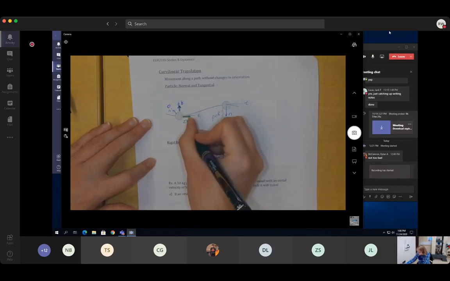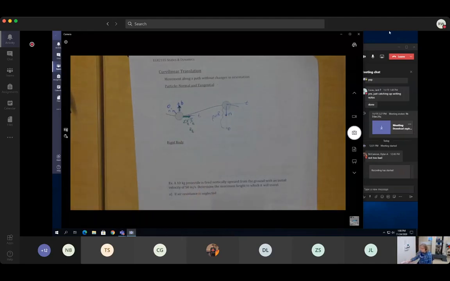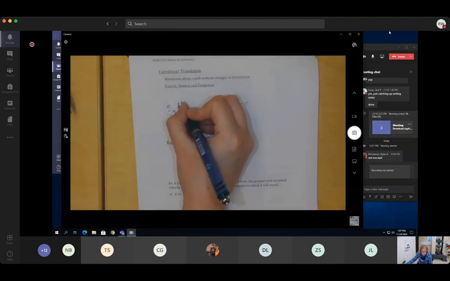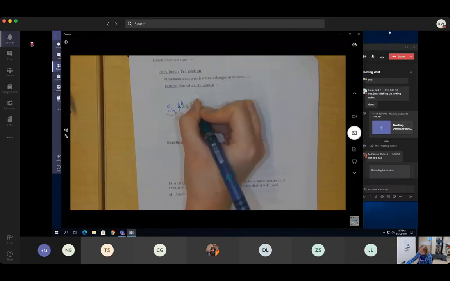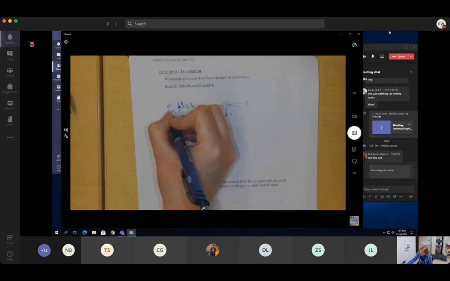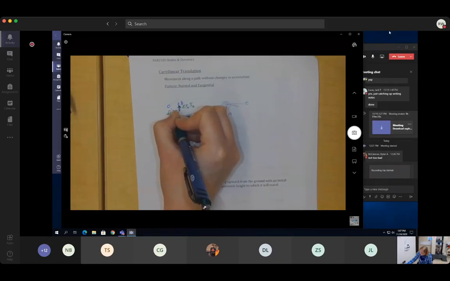I think the book maybe uses E as the direction marker. Could have a sum of forces in the B direction, and also a sum of forces in the N direction.